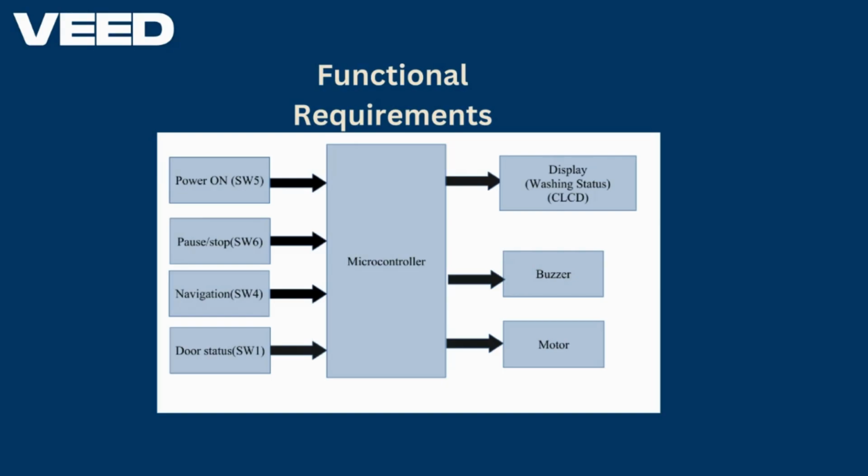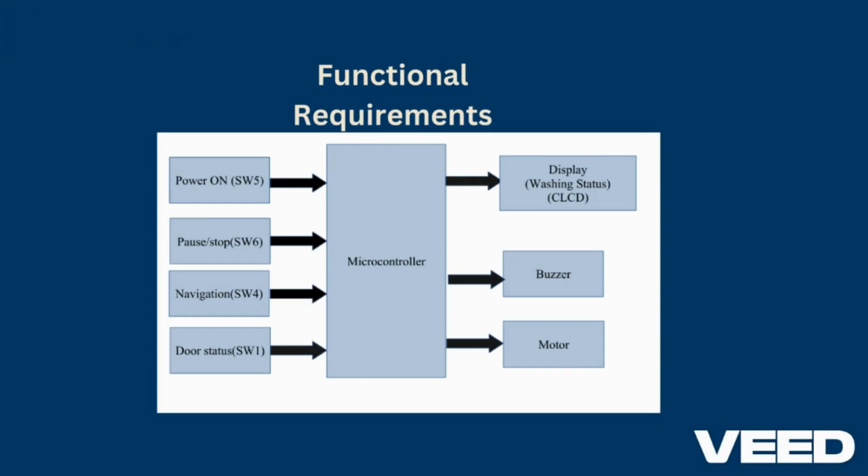Then the buzzer, whose working can be seen in the simulation part. And the motor, whose working can also be seen in the simulation part, where it works when turned on and off, which will be explained further by my other friends.